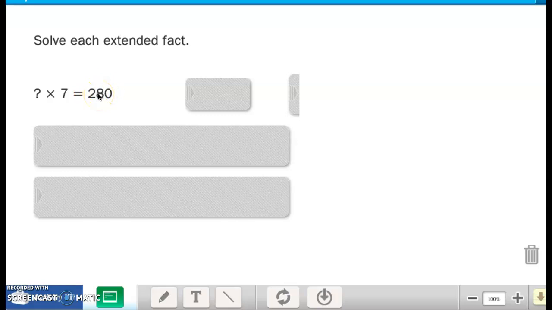Well, 7 plus 7 is 14. So how many times do we add 7 to get to 28? Think about it. I hope you said 4. And then that's not the answer though, because there is a 0. So we have to stick a 0 on it. There we go. Now let's check our answer.